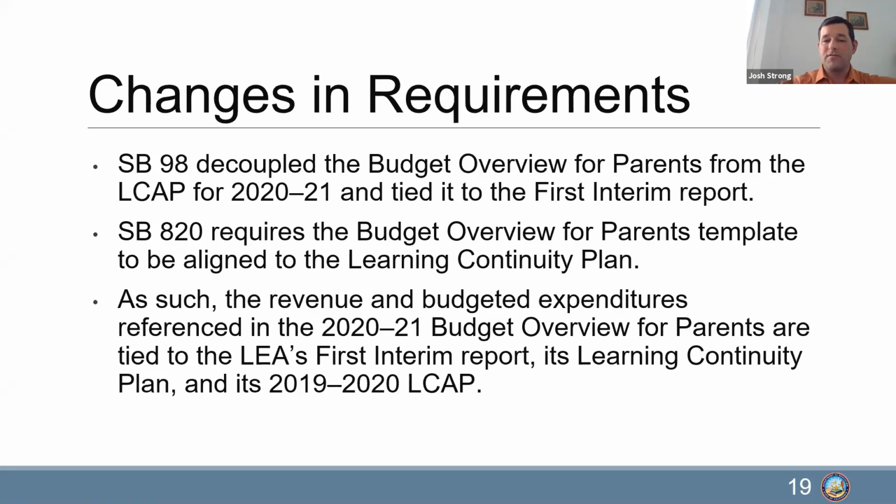And they tied it to the first interim report, which is due on or before December 15th. Within SB 98, that was the entirety of the change that was made related to the budget overview for parents, while at the same time, the LCAP was basically put on pause for the 2021 school year, and the learning continuity and attendance plan was put in place.